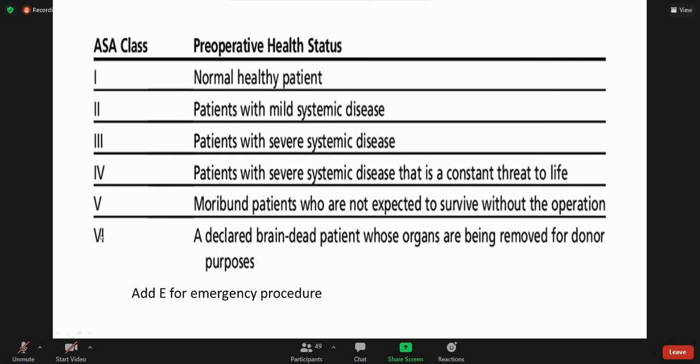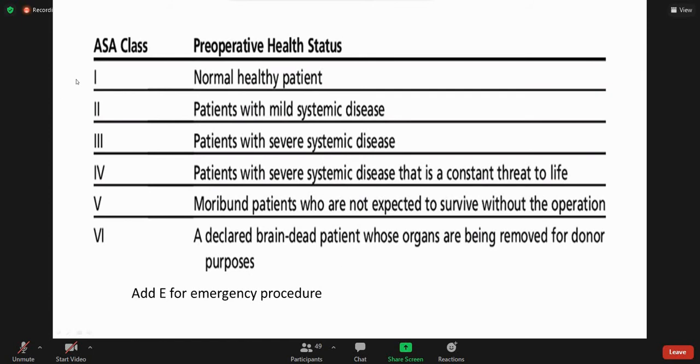And what is ASA6? Brain dead patients. Brain dead patients who have no brain activity, no brain reflexes, and are going to die. Only their heart is active and performing. So those patients are being admitted in ICU or kept in ICU just for the purpose of organ donation.